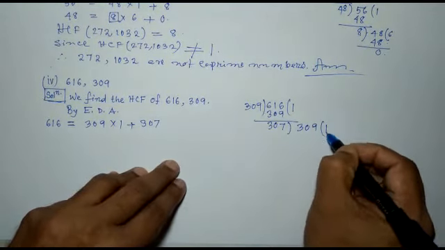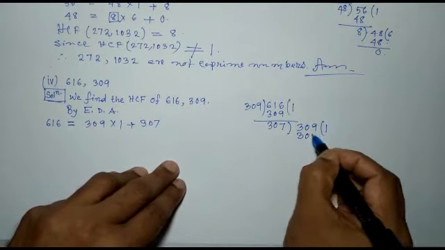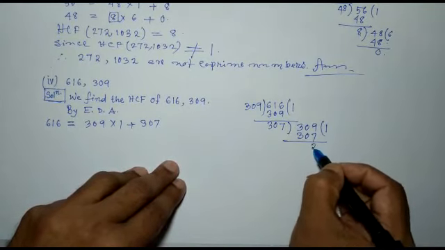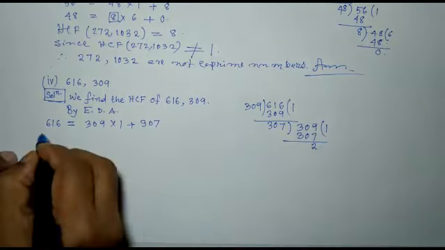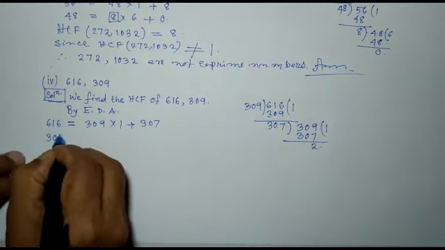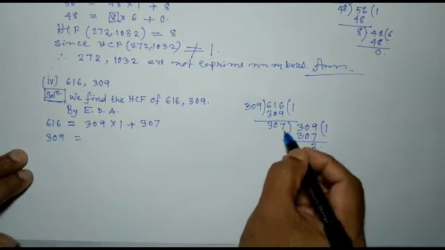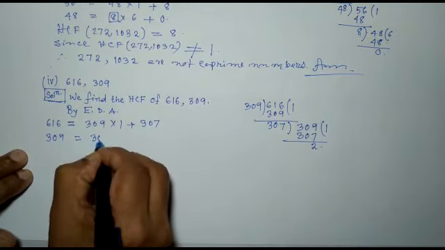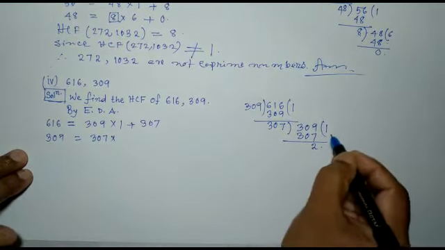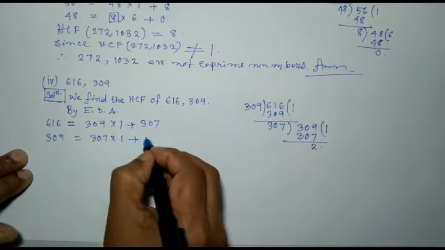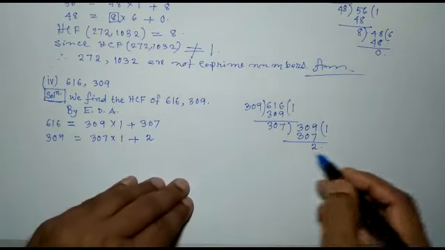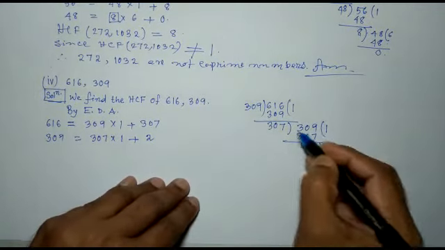See, only one time will go, 307. Subtracting we get here 2. So we write for this division: 309 is equal to, see the divisor is 307, into quotient is 1, plus remainder is 2.